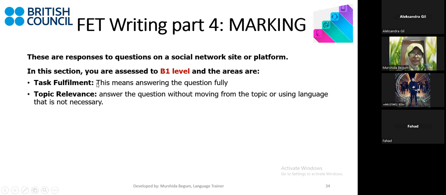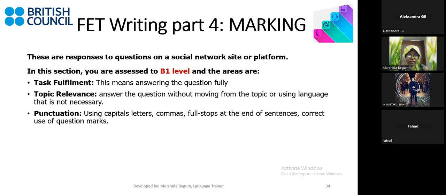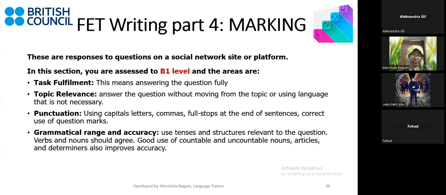Then topic relevance: answer the question without moving from the topic or using language that is not necessary. That is also being looked at. Then punctuation: using capital letters, commas, full stops at the end of sentences, and correct use of question marks. Very important. Punctuation is highly looked into.